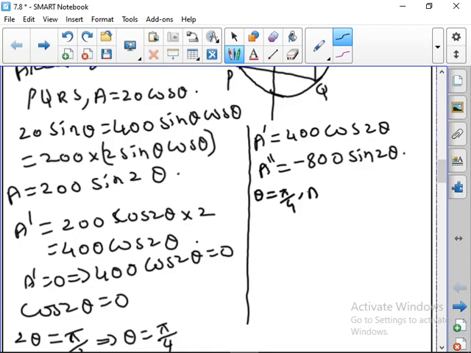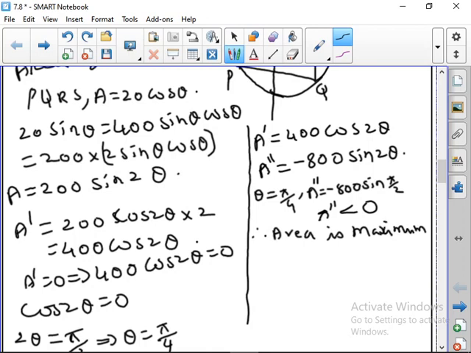A double dash is minus 800 sin 2 into pi by 4, which is pi by 2. Sin pi by 2 is 1, and we have minus 800, so A double dash is less than 0. So what we know is the area is maximum.